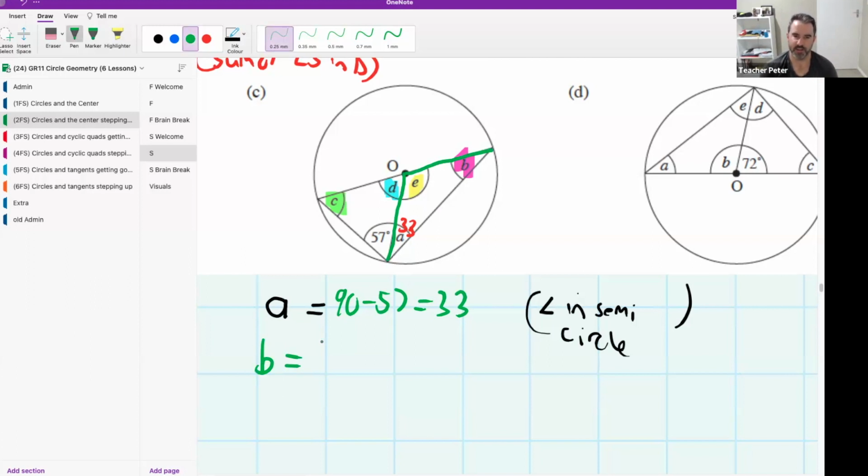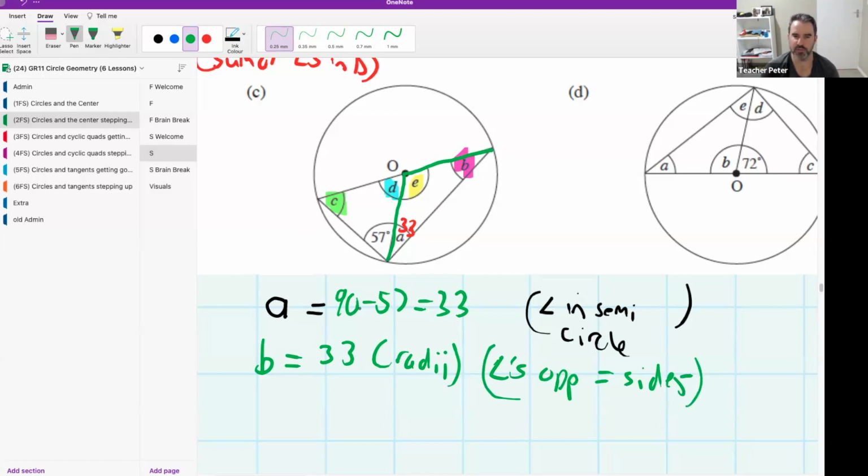They are radii. And so what you can do is you can just say radii, or you could say angles opposite equal sides. Those would both be fine. So we now know that that is 33. And then I guess we would get E. What's E going to be?